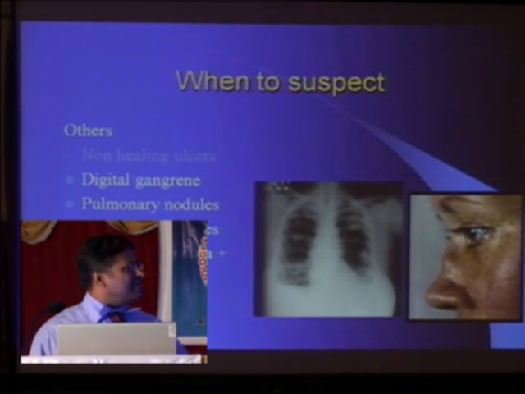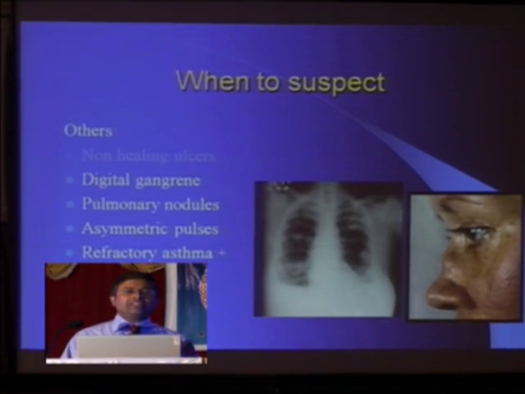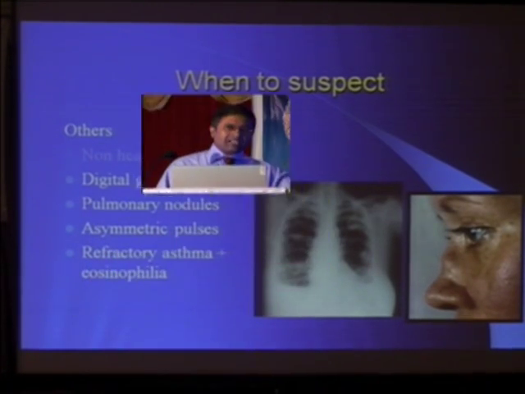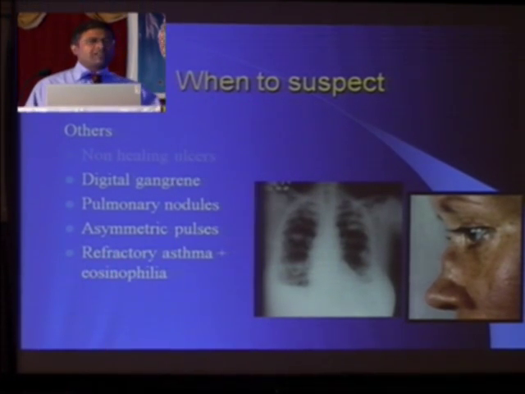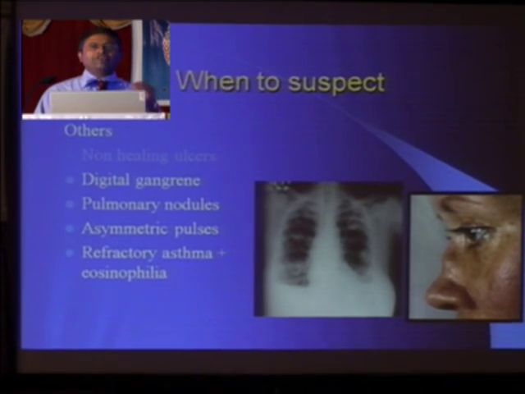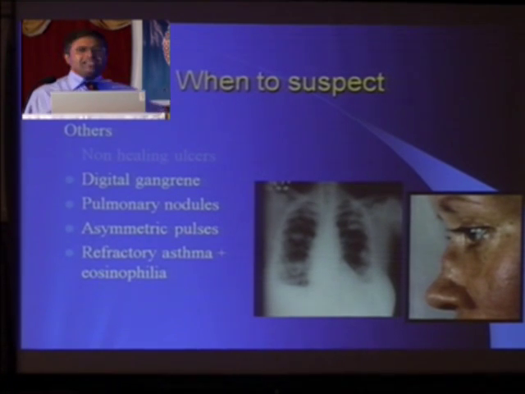There are a few other conditions. If a person has refractory asthma and you find that the eosinophil count is 40%, 50%, asthma per se doesn't cause that. Of course, there are other differentials like allergic bronchopulmonary aspergillosis and all, but Churg-Strauss should also come to mind. If you are very lucky, you may find a few active urinary sediments, you may find a few purpura, then it is definitely Churg-Strauss. But even if it is not there, some condition should come to mind.